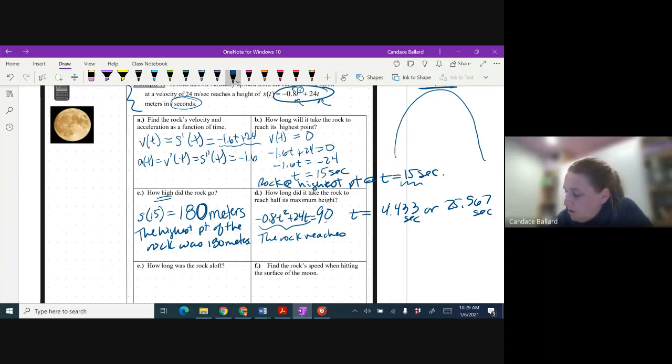All right, the rock reaches half its max height at T equals 4.433 seconds. And again, for my extra decimal values, I cheated and used the answer key because my calculator did not, for some reason, pop them up.